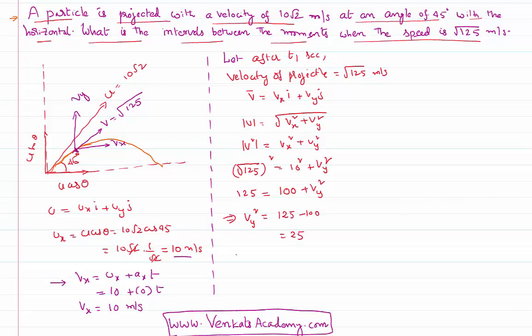That is 25. It implies at that instant y component of the velocity is root 25. That is nothing but equal to 5 meter per second. So we have got one understanding that when the velocity is root 125, its y component is 5 meter per second.